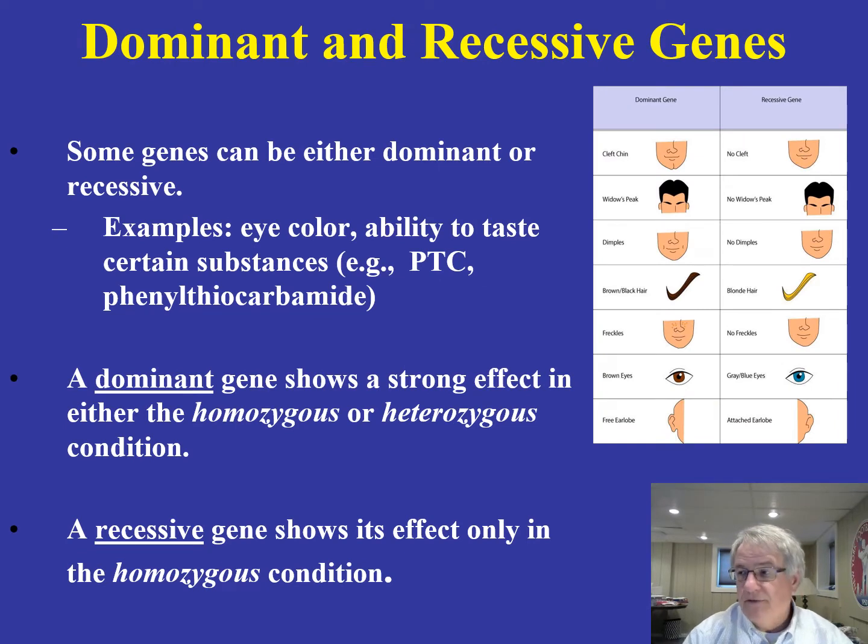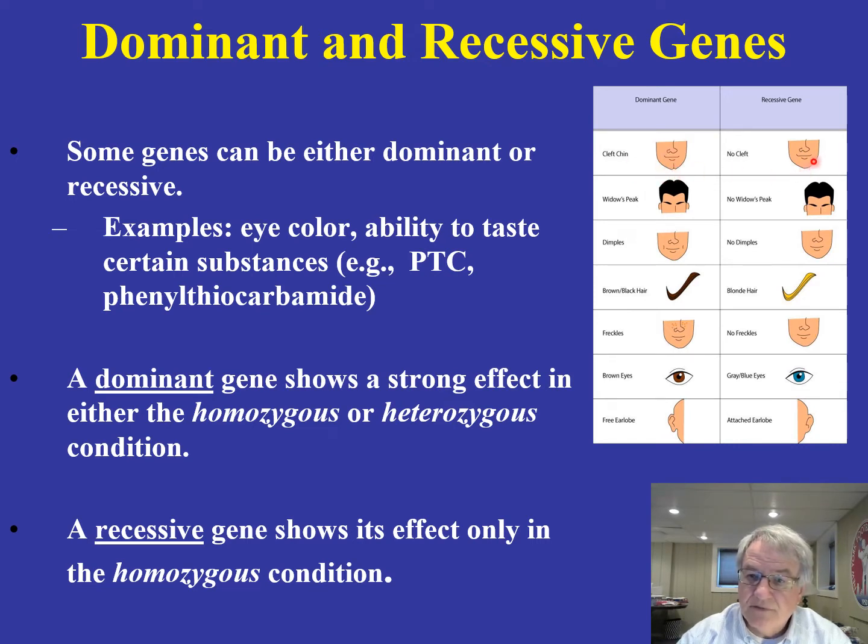Genes can be either dominant or recessive. When you take a look at the numerous examples of it, seen on the upper right-hand portion of the slide, here is a dominant gene effect, the cleft in the chin.